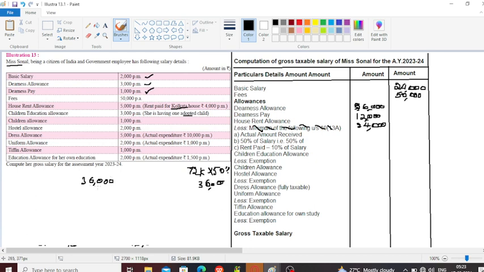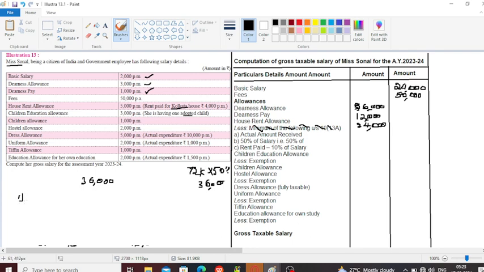The education allowance has some exemptions, that is whichever is least of actually received, or 100 rupees per month per child, maximum allowed is two children. Here she has only one adopted child, so we have to calculate for only one child.